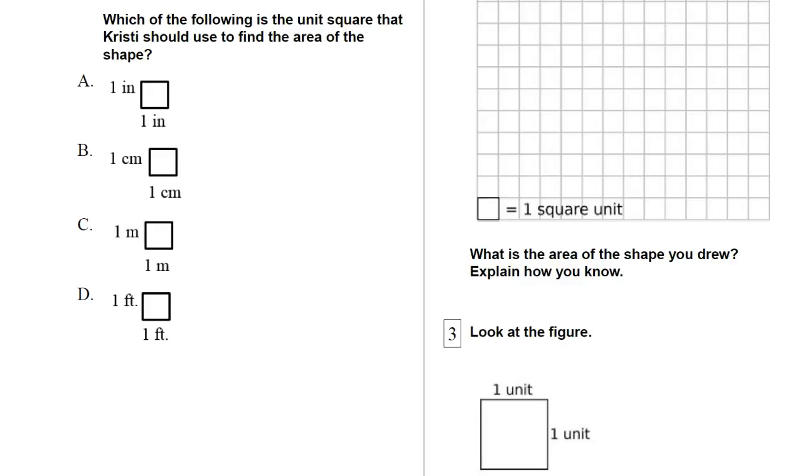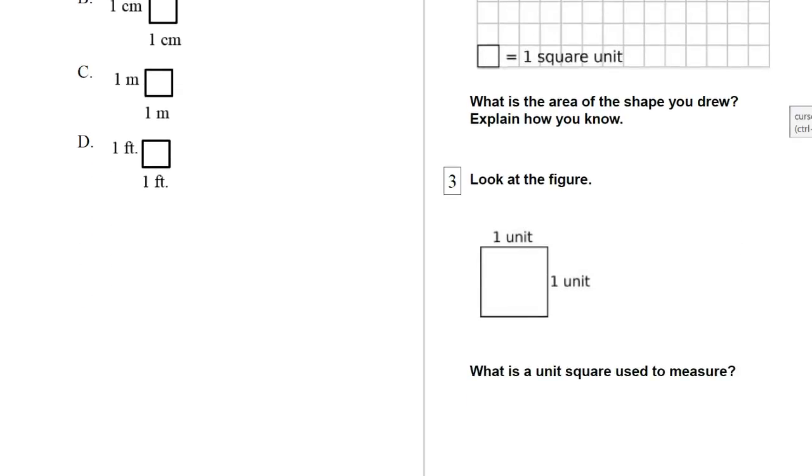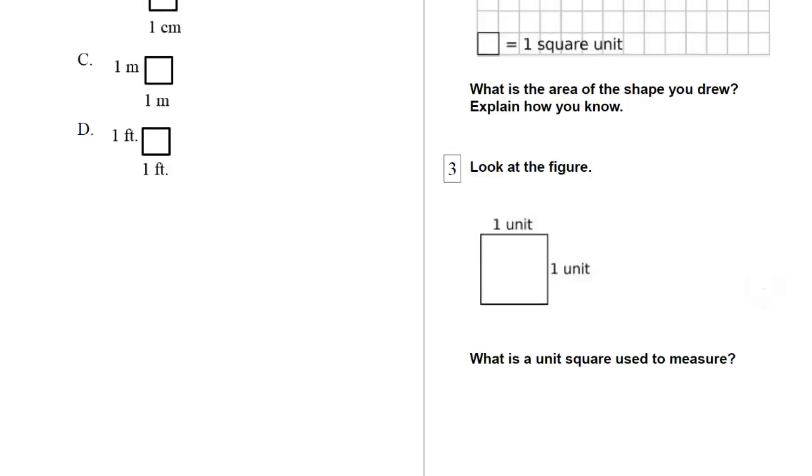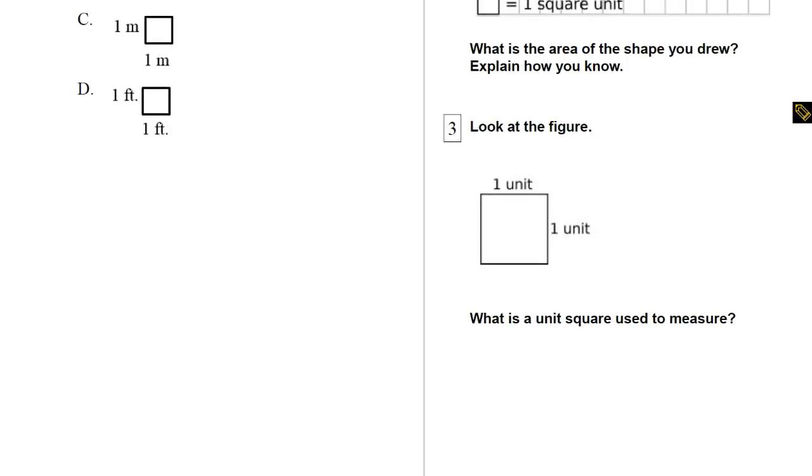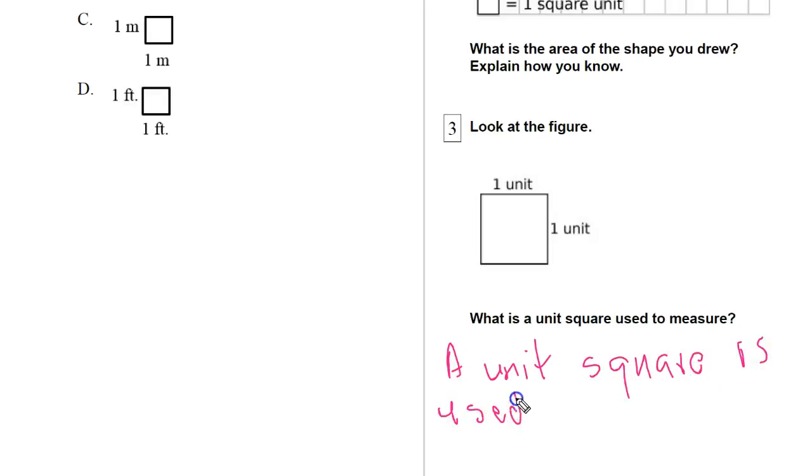Okay. Number 3 says, look at the figure. It's 1 unit by 1 unit. What is the unit square used to measure? Well, I got to make sure that I write in complete sentences. A unit square is used to measure, just a square.